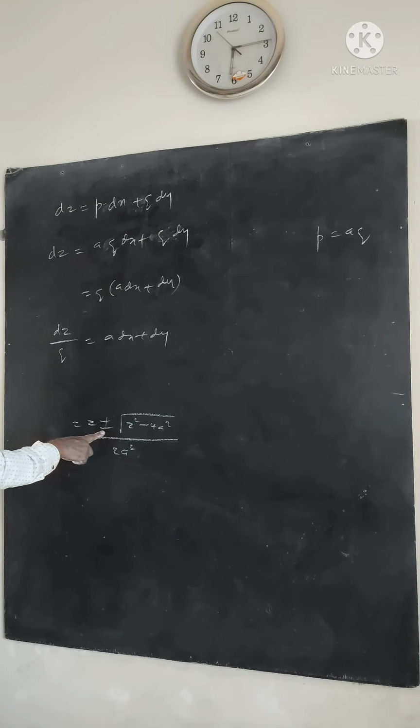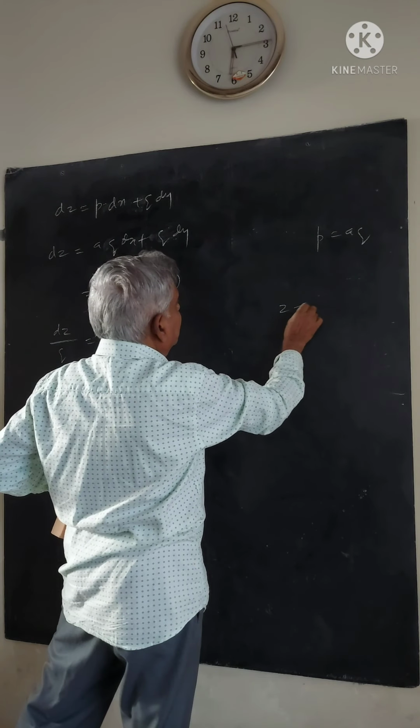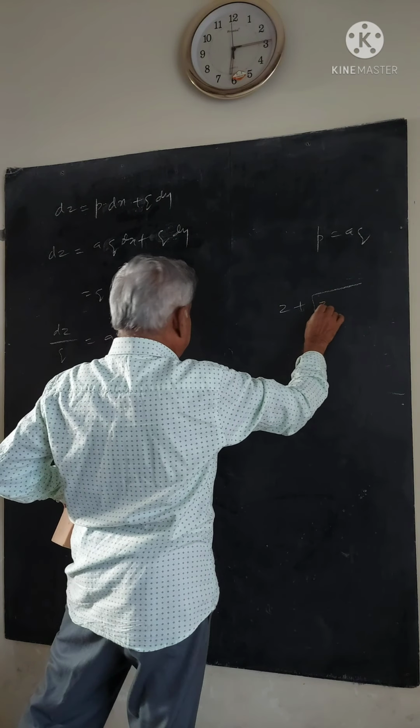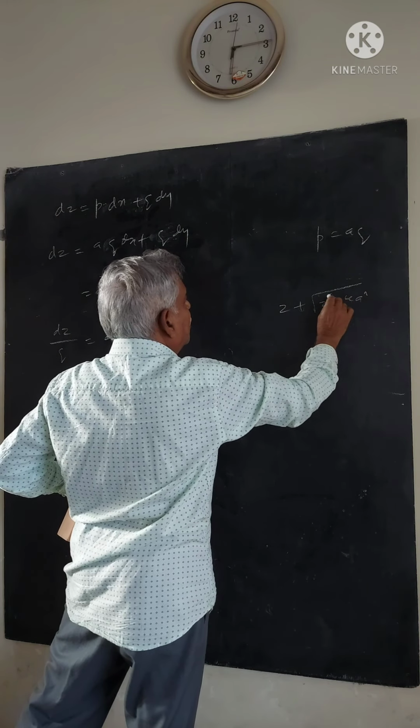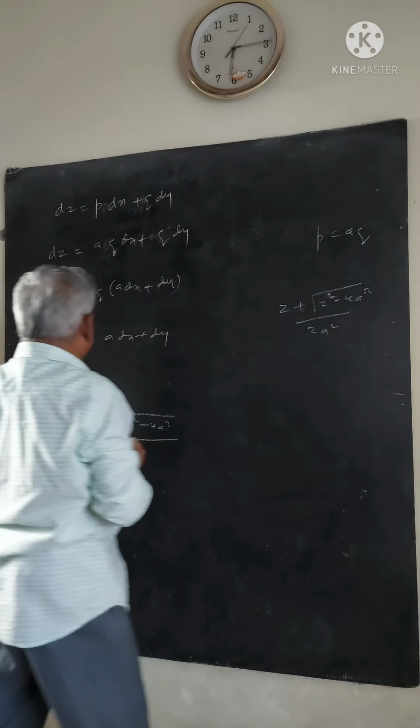Taking the positive form first, q equals z plus root of z square minus 4a square by 2a square.